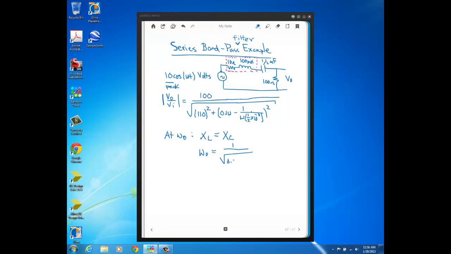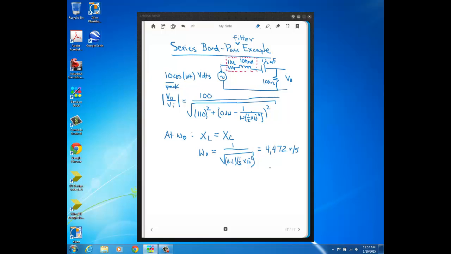So if you put in 0.1 henries, because that's 100 millihenries, and then times half a microfarad, so half times 10 to the minus 6, 1 over root LC with those values comes out to a resonant frequency of 4,472 radians per second.